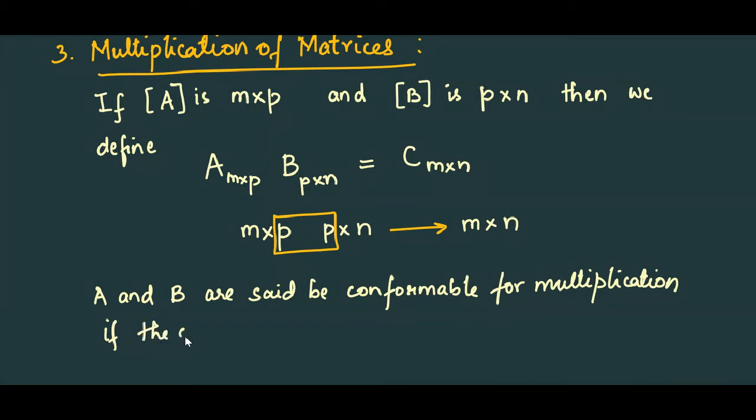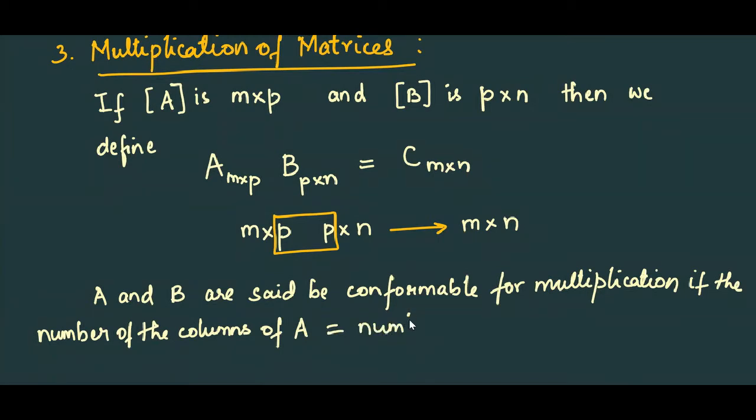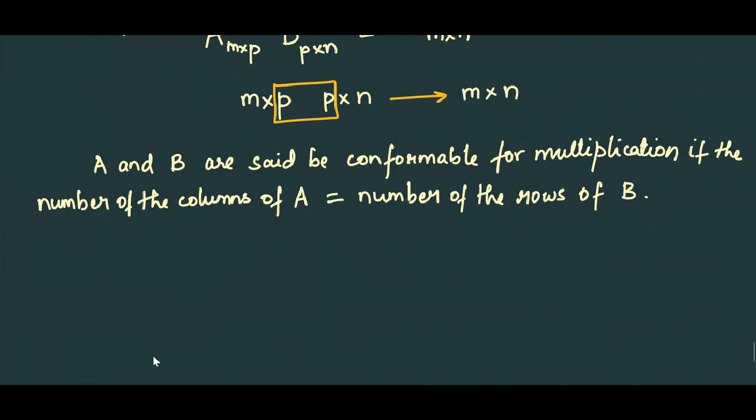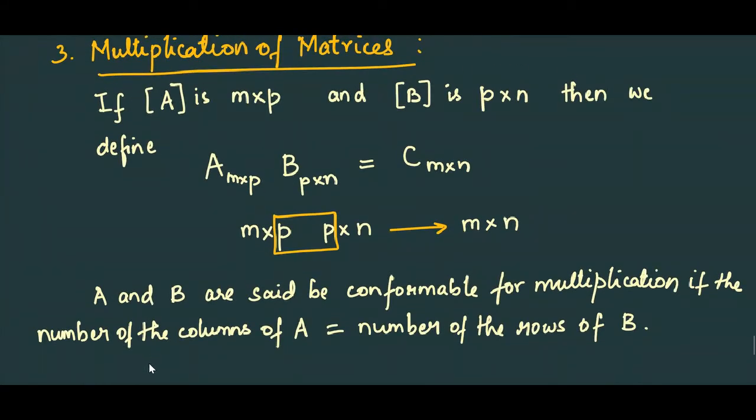If the number of columns of A is equal to the number of rows of B. That too for A into B, not for B into A. This is for A into B. Okay, this is conformability of multiplication.